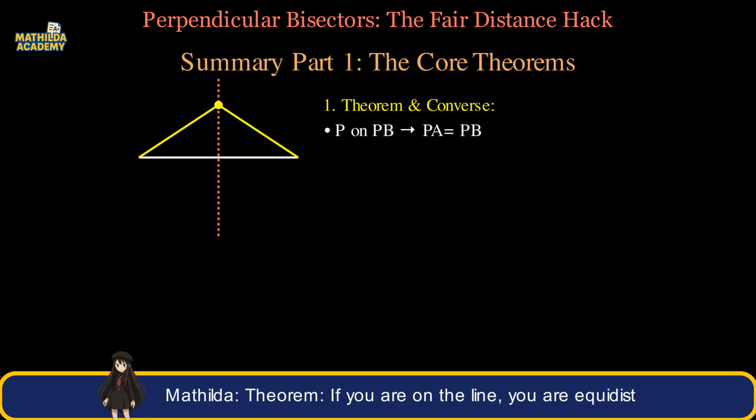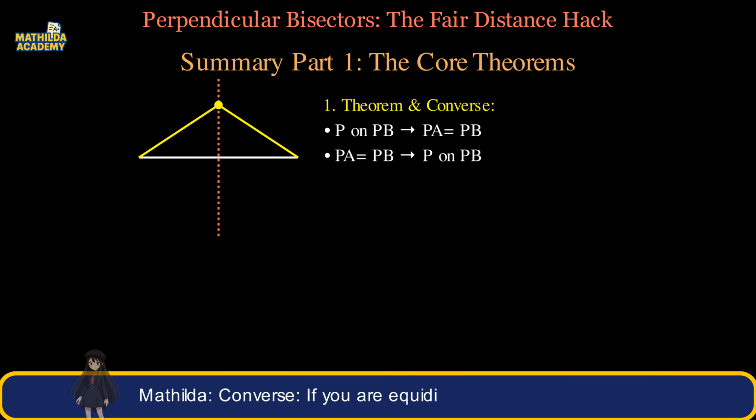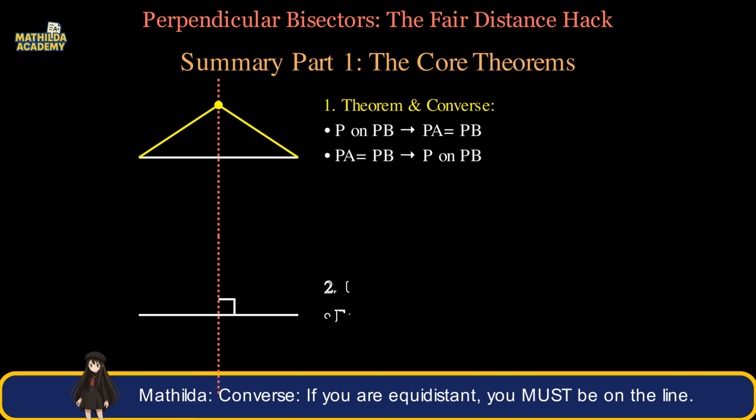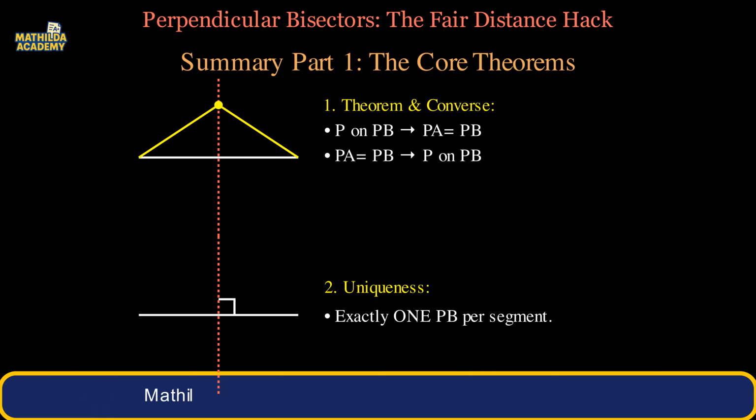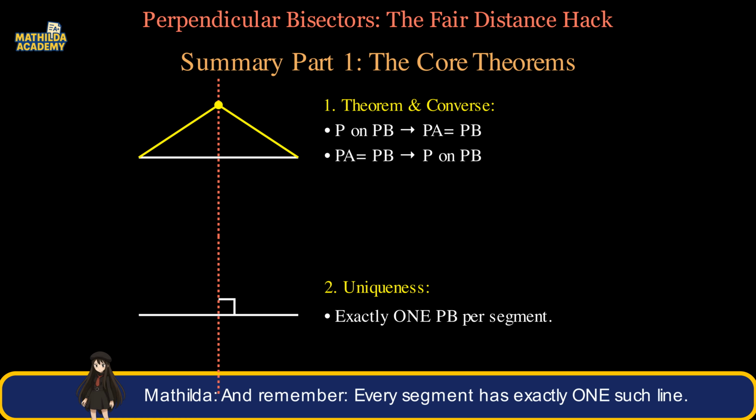Theorem. If you are on the line, you are equidistant. Converse. If you are equidistant, you must be on the line. And remember, every segment has exactly one such line.